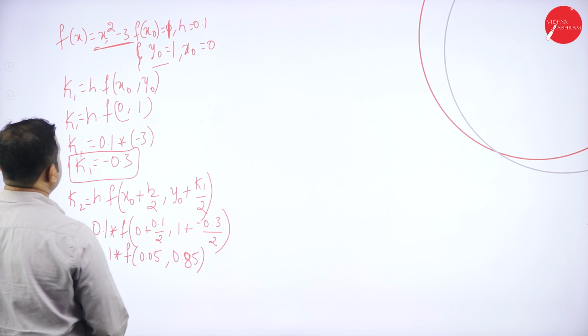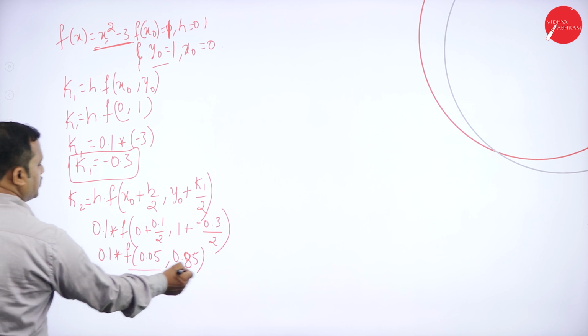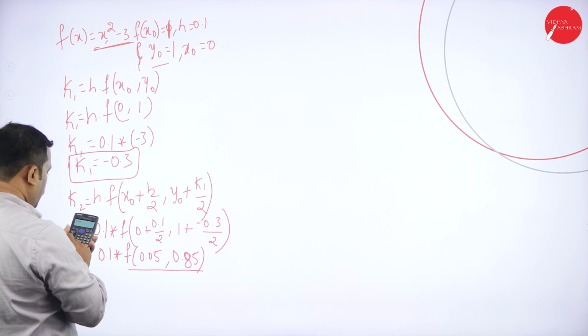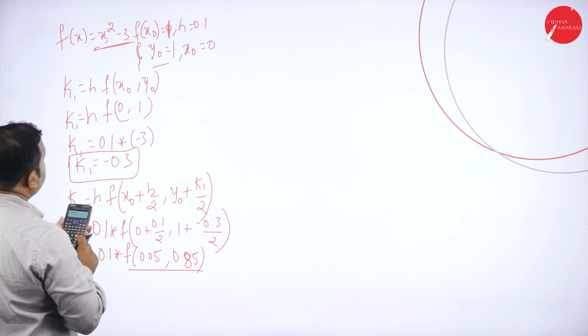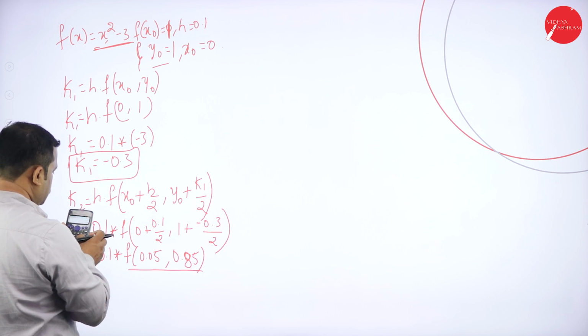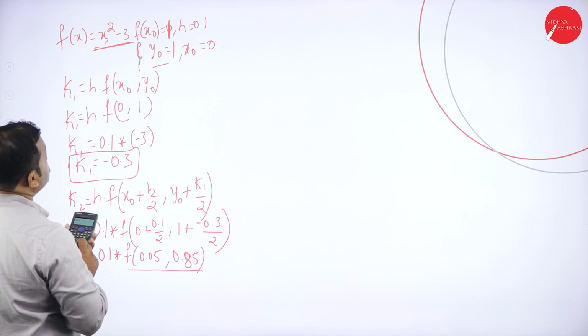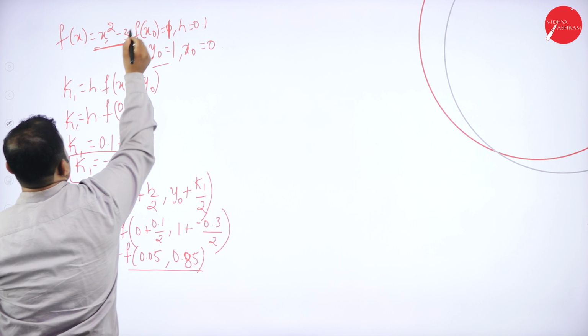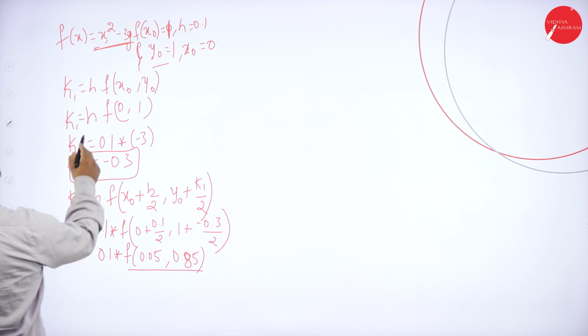Let me substitute this term into the original equation. 0.05 whole square is equal to this term, minus 3y. Let me consider 3y, because we have two terms here, x and y.